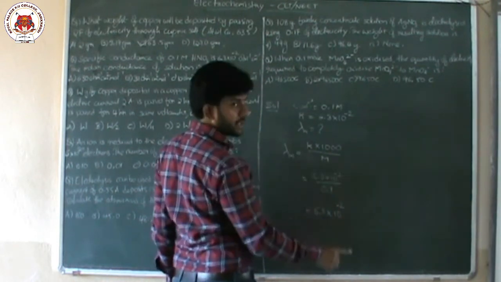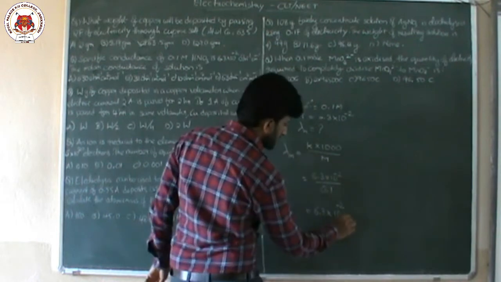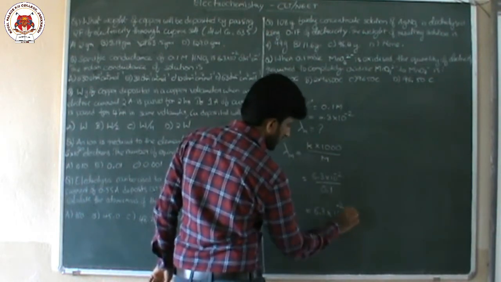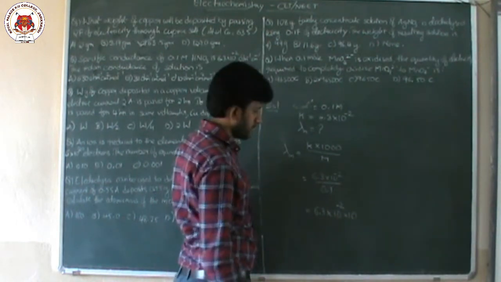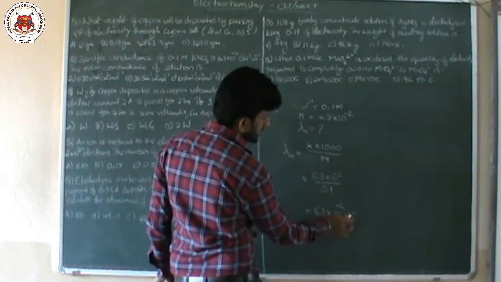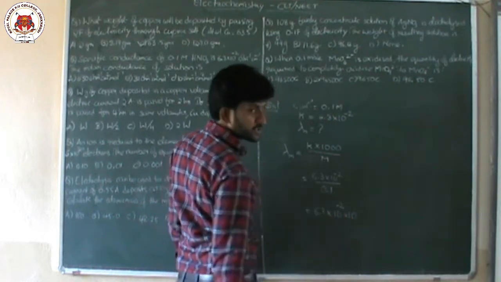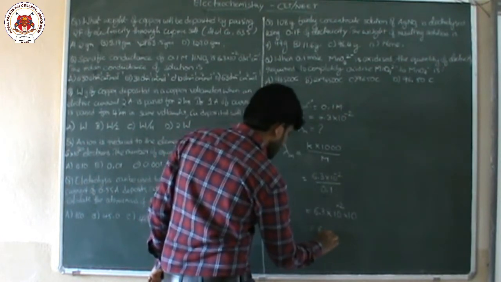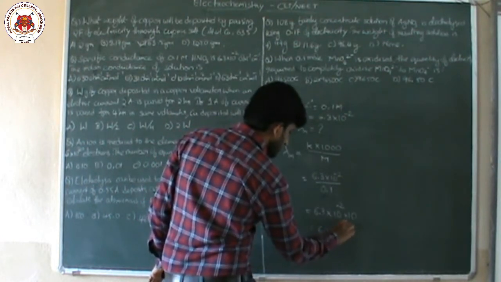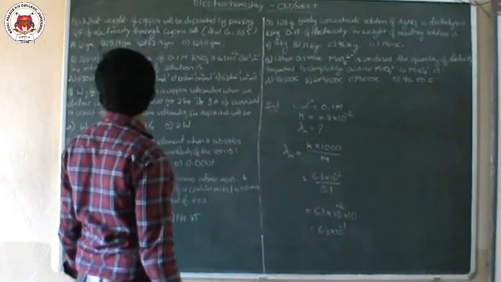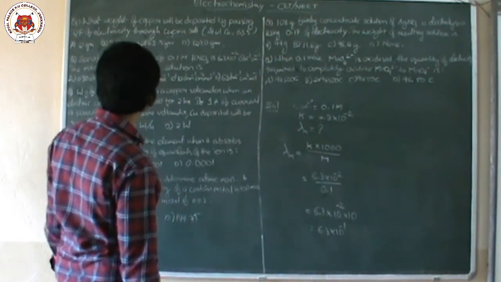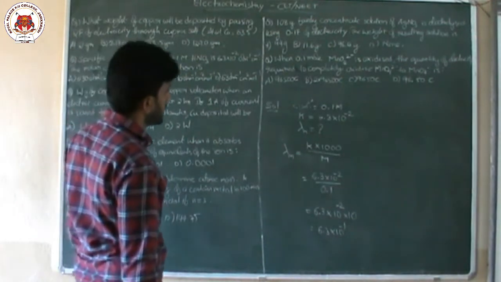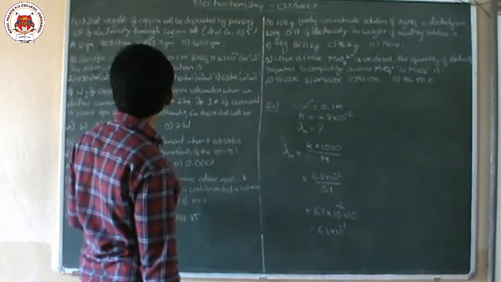If it goes to the numerator, 10 raised to plus 1. So 6.3 into 10 power minus 1 should be the answer.